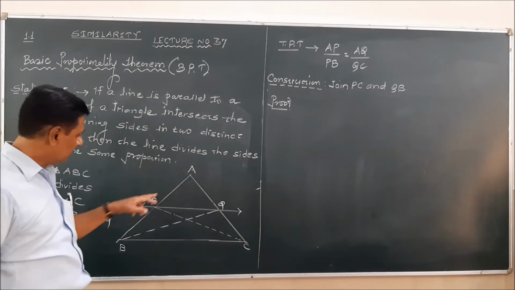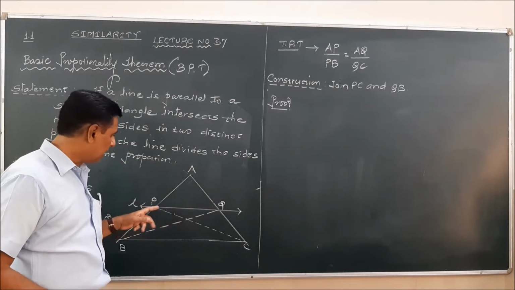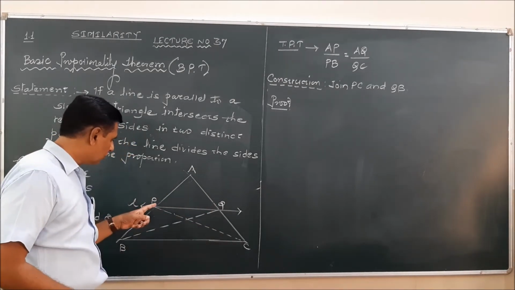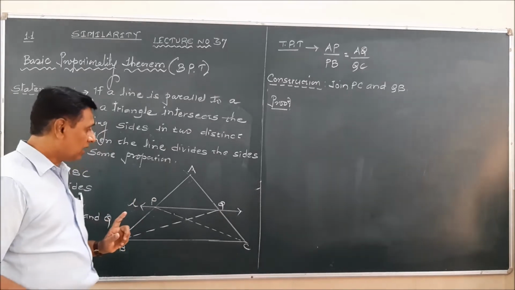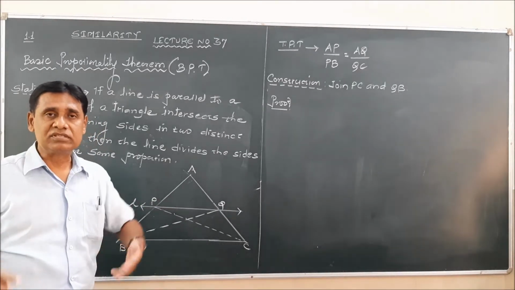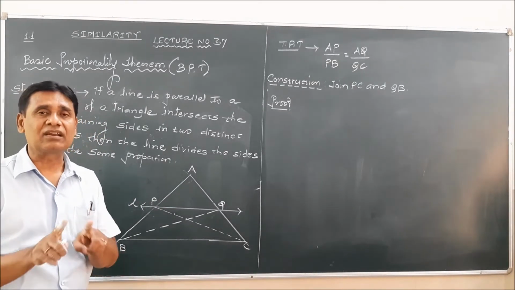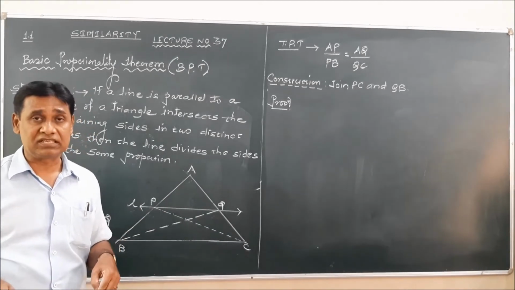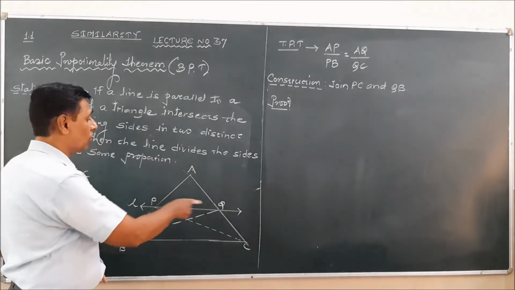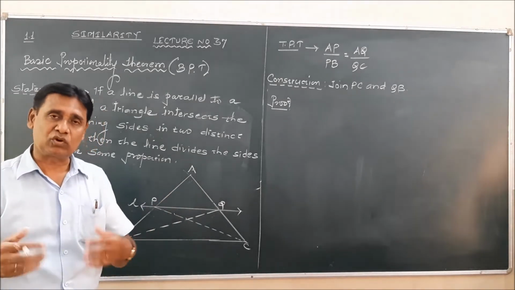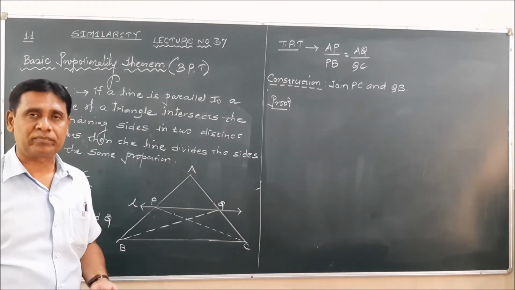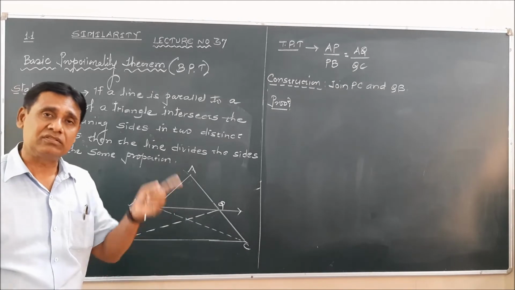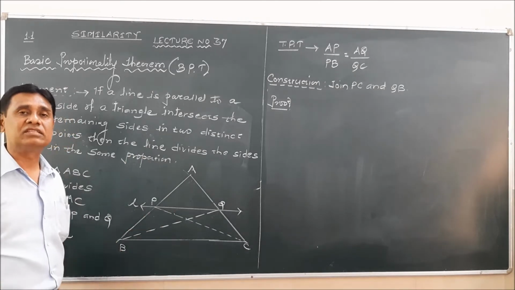So for triangle APQ and triangle PQC, both of them are drawn from P, so their heights are same. Heights are not shown, but it is understood. That is what I explained while explaining the property. Even if height is not mentioned, you have to apply this property.